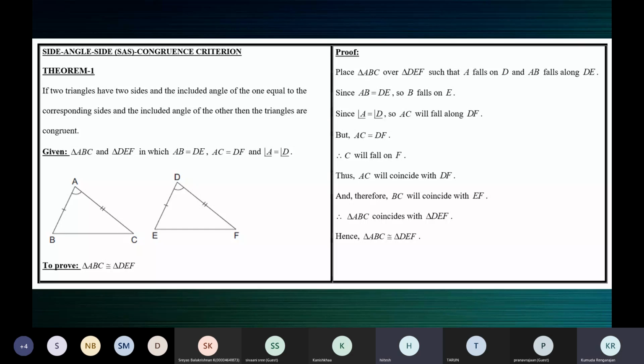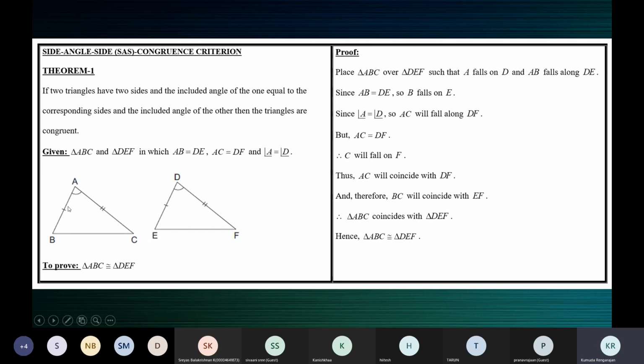So just imagine you have two triangles in your hand. One triangle ABC, another triangle DEF. In these two triangles, you know that AB is equal to DE, AC is equal to DF, and angle A is equal to angle D. You can place either one over the other.